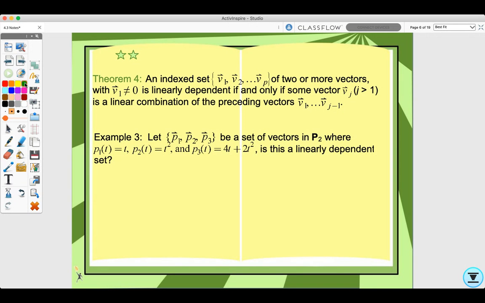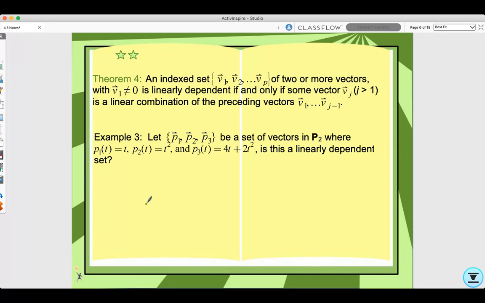Let's look at example 3. Let p1, p2, p3 be the set of vectors in P2 where p1(t) equals t, p2(t) equals t squared, and p3(t) equals 4t plus 2t squared. Is this a linearly dependent set? When you look at this, we can write p3 in terms of p1 and p2.